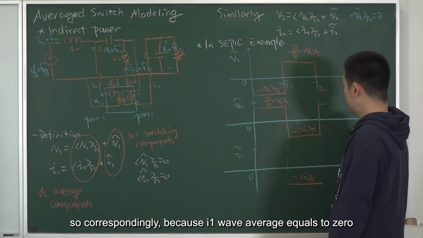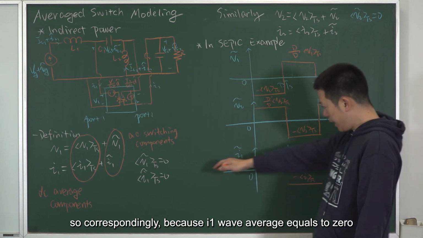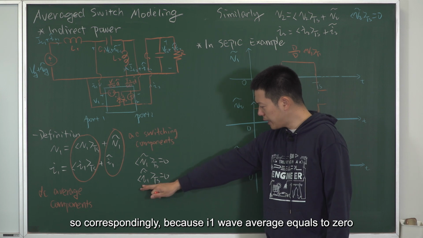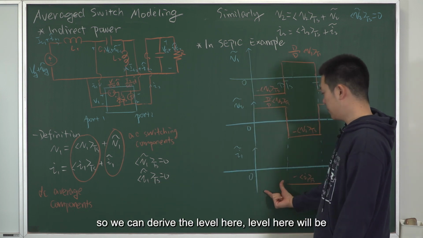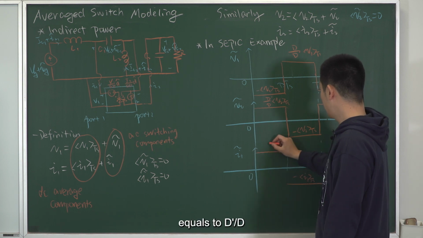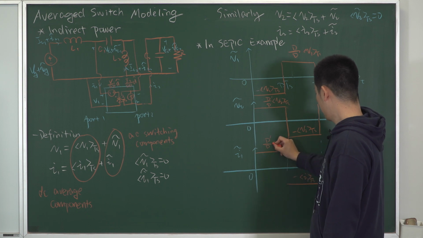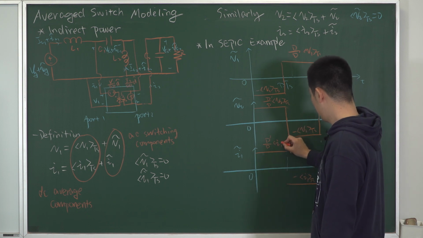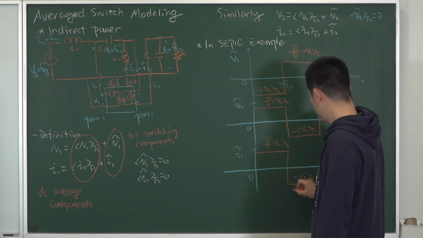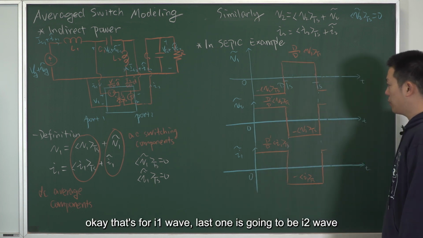Correspondingly, because I1 wave average equals to 0, we can derive the level here. Right? Level here will be equal to d over d prime over d. Okay, that's for I1 wave.